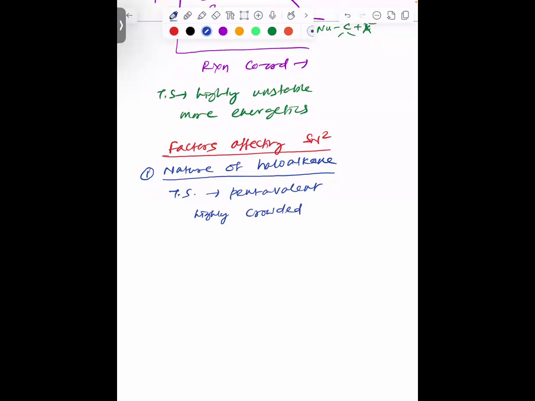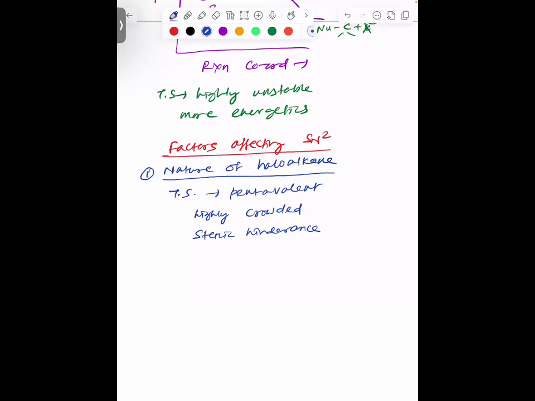So steric hindrance plays a main role in deciding the SN2 reaction. Again repeating, steric hindrance plays a main role in deciding the SN2 reaction.